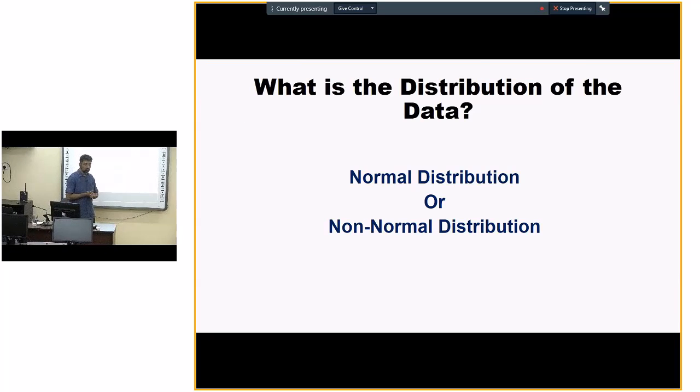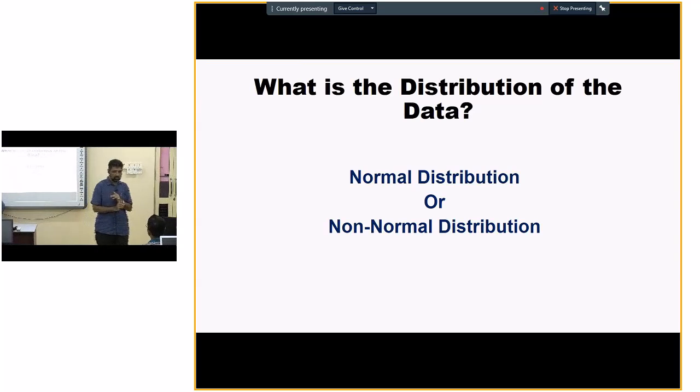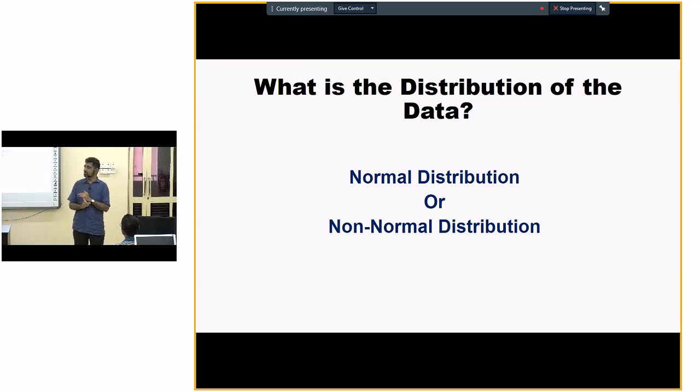Now we completed level of measurement. Previously we considered the purpose of your research. The first and most important criterion is the purpose of your research, whether you are going to measure differences, association or impact. Next we consider measurement scales, whether it is nominal, ordinal, interval or ratio scale.